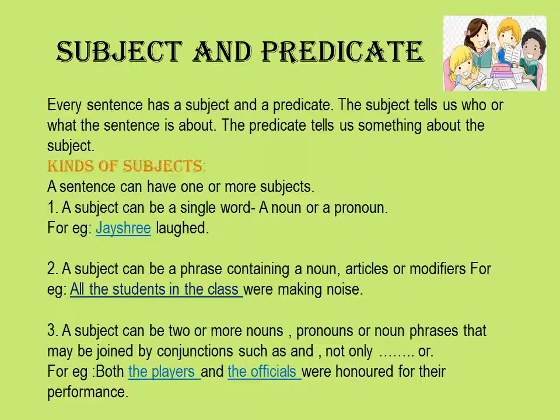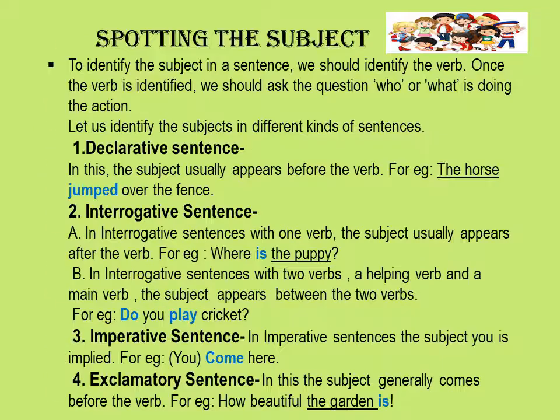Third one, a subject can be two or more nouns, pronouns or noun phrases that may be joined by conjunctions such as and, not only, or. For example, both the players and the officers were honored for their performance. Is it clear, beta, according to the kinds?